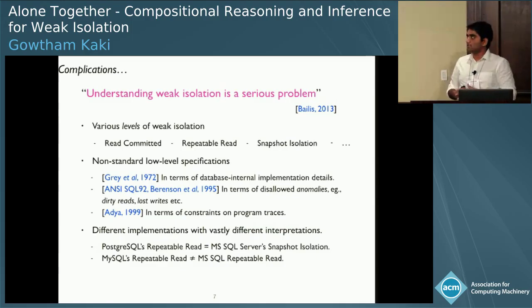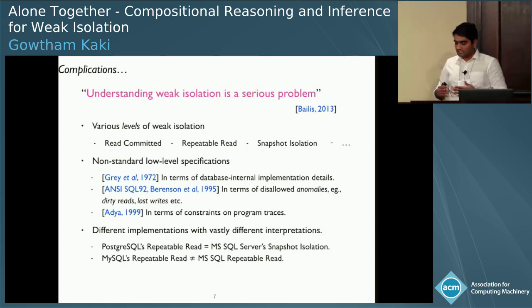There are various levels of weak isolation implemented in real databases, such as read committed and repeatable read and so on. These isolation levels are always defined with low-level specifications, some in terms of database internal details, some in terms of anomalies, and the most formal among these in terms of constraints on program traces, such as happens-before, visibility, and so on.